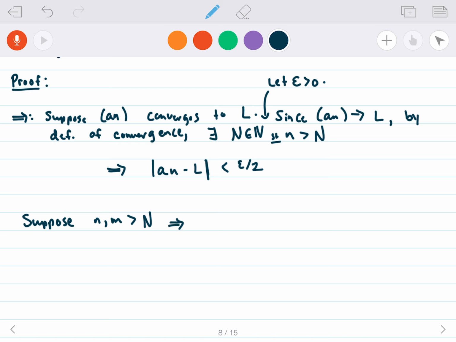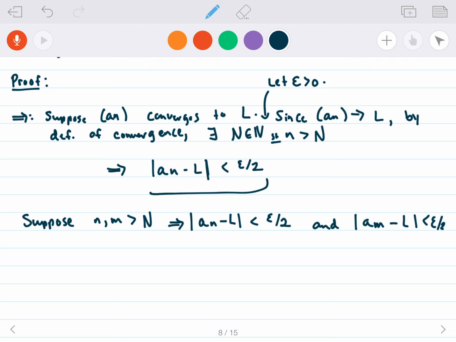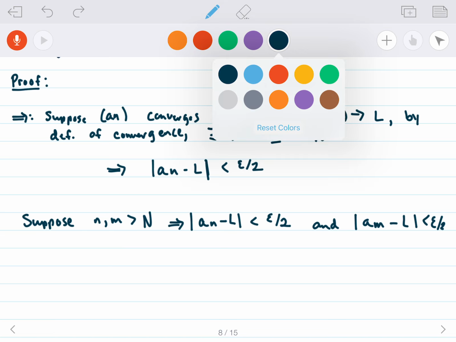This implies that the absolute value of a sub little n minus L is less than epsilon over 2, and a sub little m minus L is going to be less than epsilon over 2, just from what we have up here. So anything bigger than capital N, we're going to have this property. n and m are both bigger than capital N, so we have this for both of these guys.